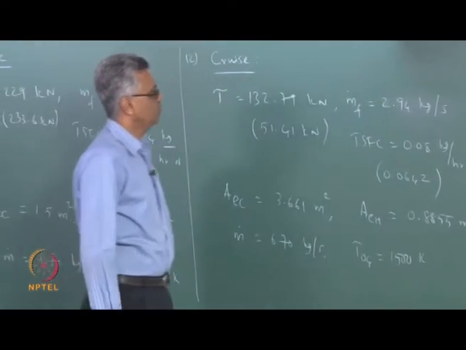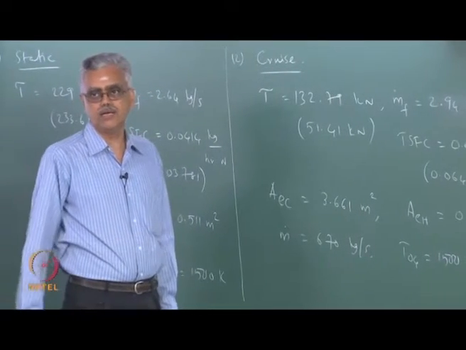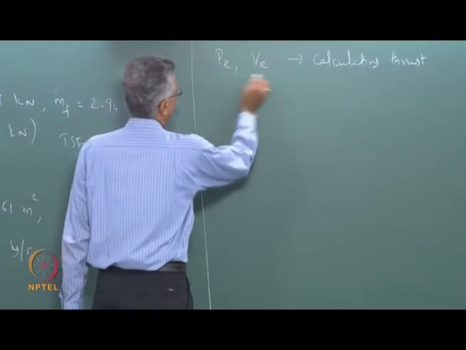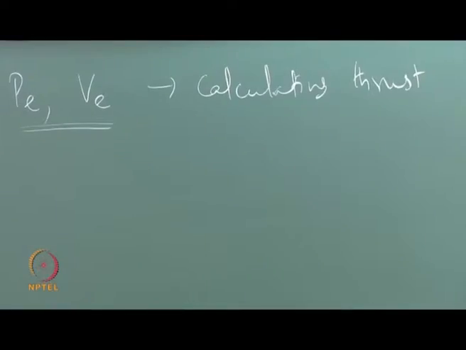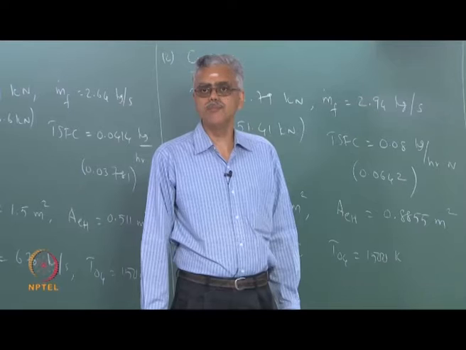So if I change the mass flow rate, will these quantities change? If you go back and look at your calculation procedure, you will notice that evaluation of any of the thermodynamic state properties, stagnation pressure, stagnation temperature, static pressure or velocity, did not involve use of any mass flow rate.